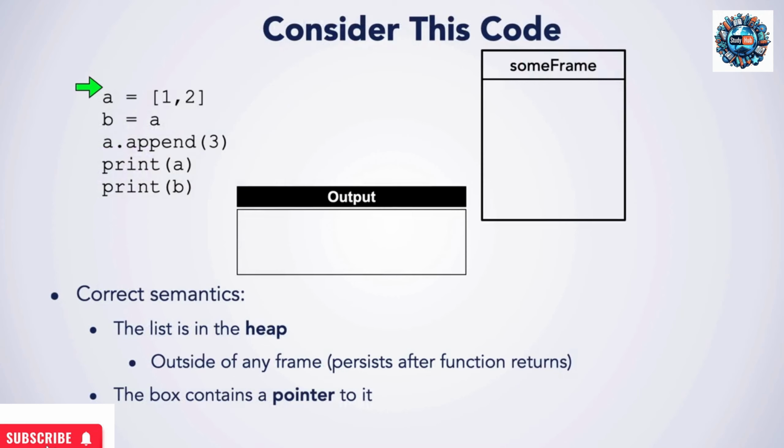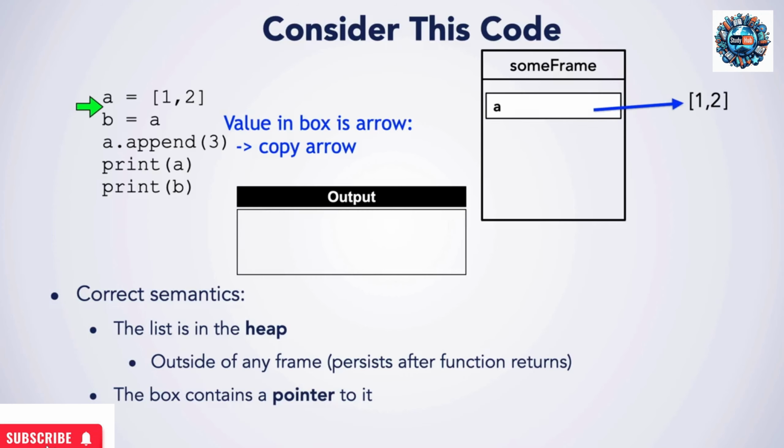The correct semantics are that the actual list is outside of any frame. It is in an area of memory called the heap. What actually goes on in the boxes for A or B are an arrow pointing at it. This is called a pointer or a reference. Let's see how we correctly do the first statement. Now you can see that the value in A's box is an arrow pointing at the list 1, 2, and that the list is outside the frame.